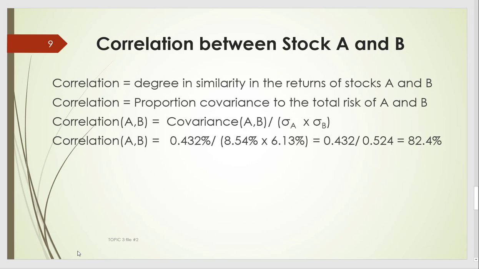We had the standard deviation 8.54 times 6.13. This gives us a ratio of decimal 432 to decimal 524, which is about 82.4%. So there's risk in common between A and B, meaning that the returns that move are about 82.4% in common. And so the rewards we're getting are very similar. They might be in the same industry, or somehow they're related.